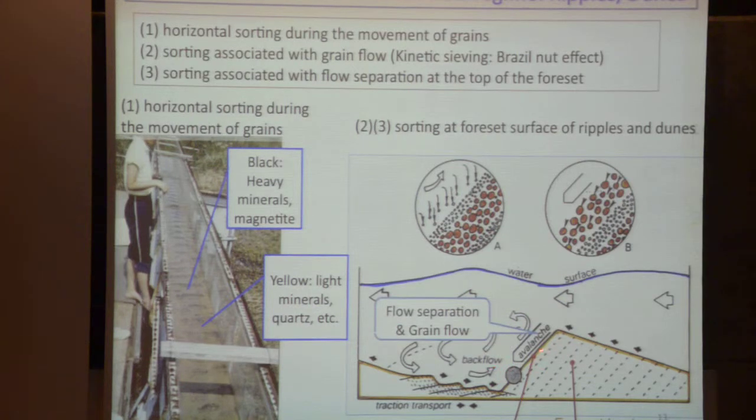And the other larger grains go down as a grain flow on the foreset surface.